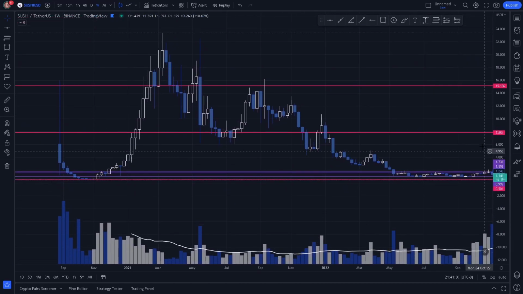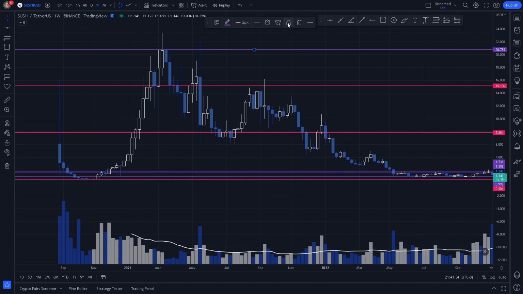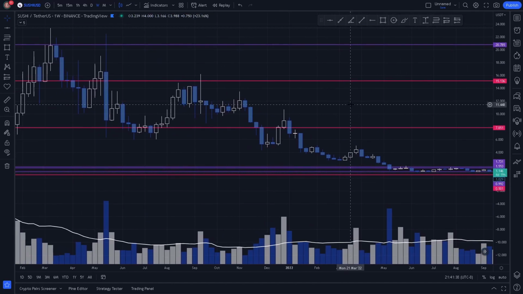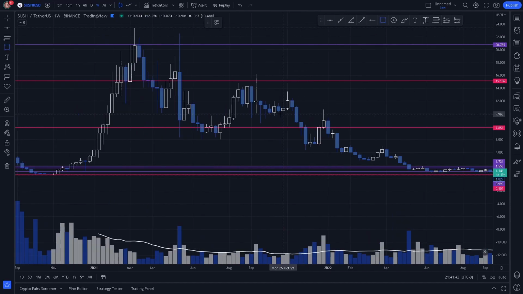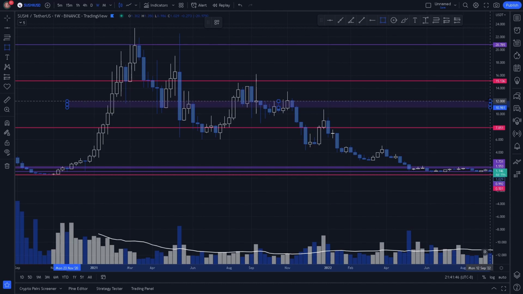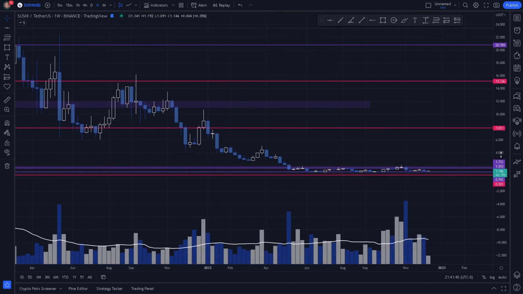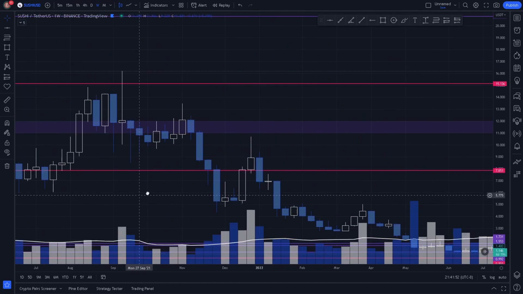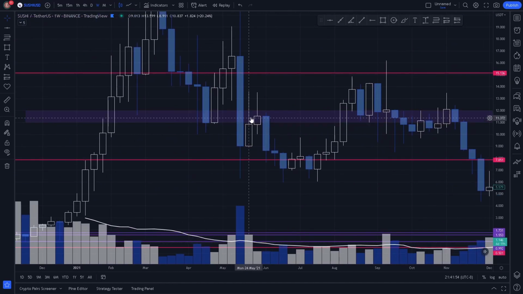So, what else do we see? We can go ahead and plot our weekly swing high right here. And we can plot a key level right in here, as we see multiple reactions acting as support and resistance.